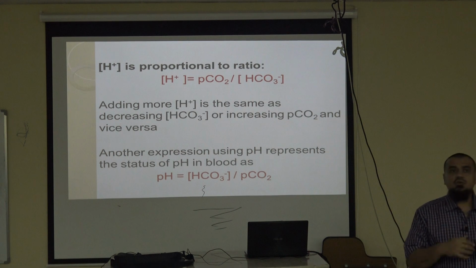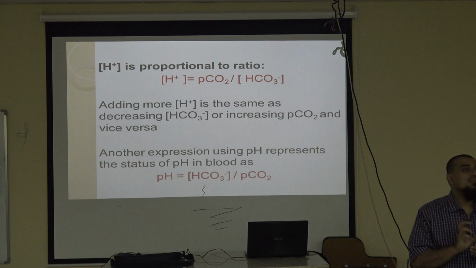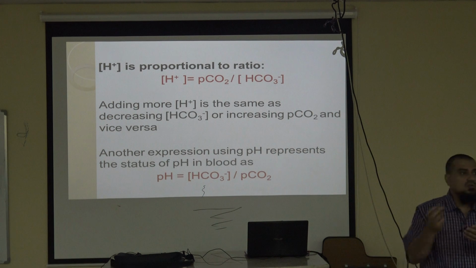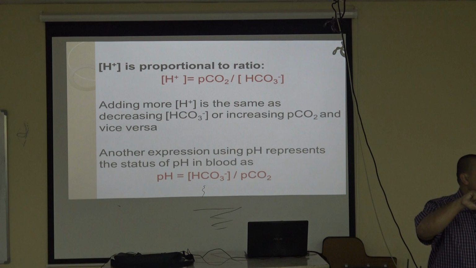Why bicarbonate? Because I told you that as a result of metabolism you produce acids, and these acids are neutralized by the bicarbonate. Clear? So whenever there is increased production of acids in the tissues, more and more bicarbonate tries to neutralize them, and as a result the concentration of bicarbonate drops. Clear?